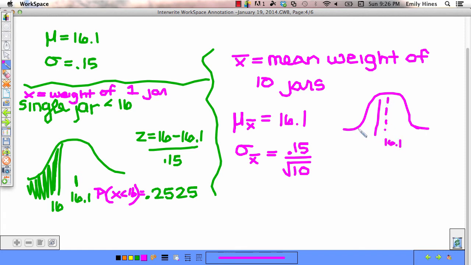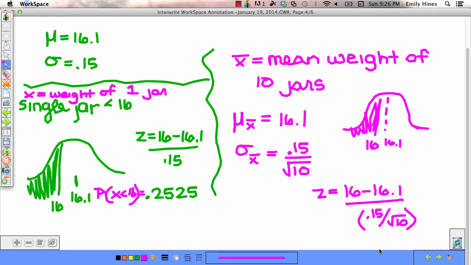16.1. I'm still looking for less than 16. However, this is going to be a lot closer together this time. So my z-score would be 16 minus the mean of 16.1 divided by my new standard deviation, 0.15 divided by the square root of 10. Then I say, what's the probability that x bar is less than 16?